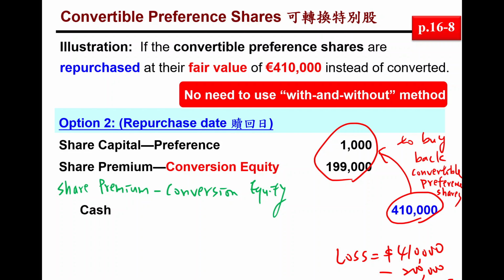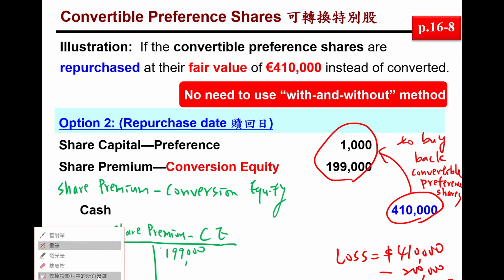So for this account, at the beginning we have $199,000 for your share premium dash conversion equity. But today, when we decide to repurchase it, it decreased, right?